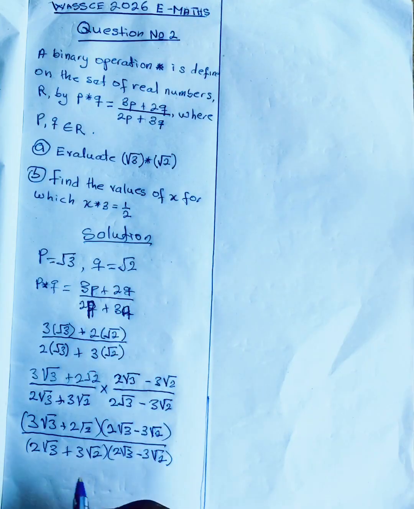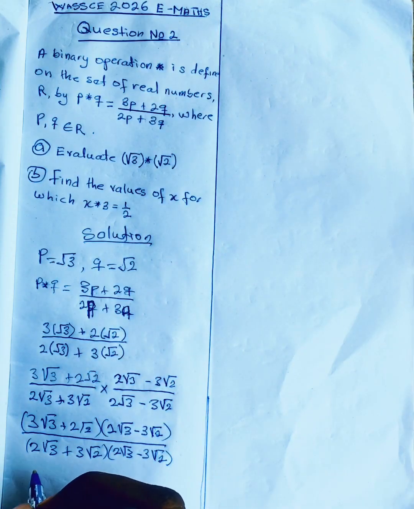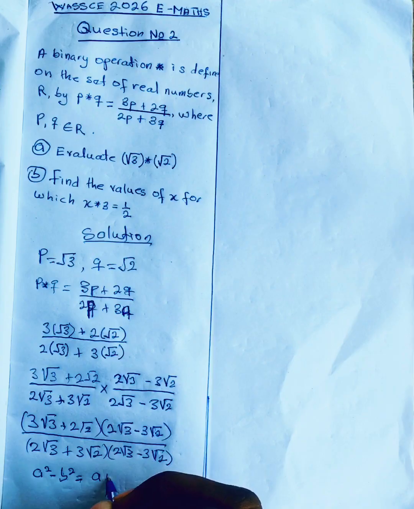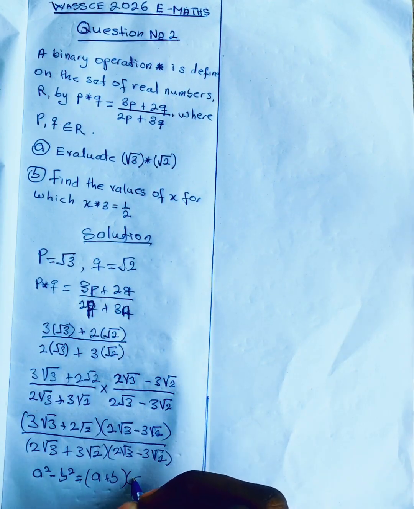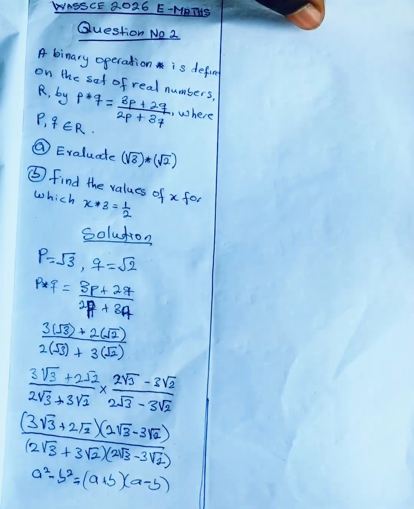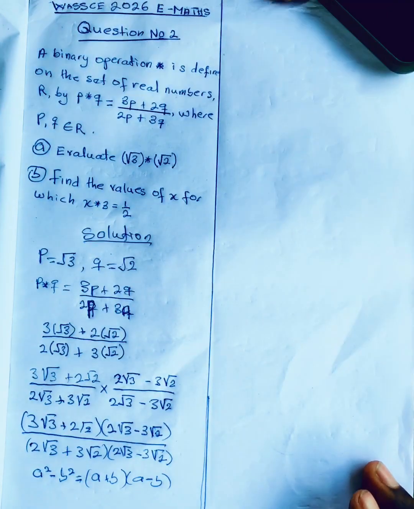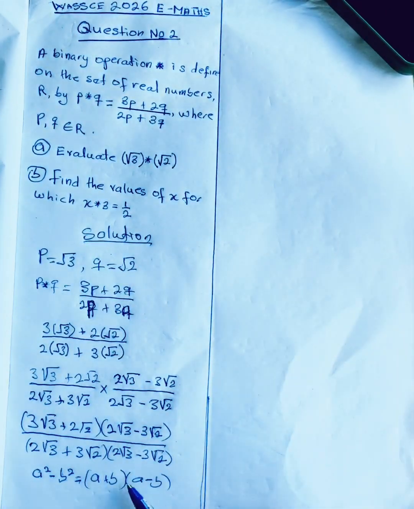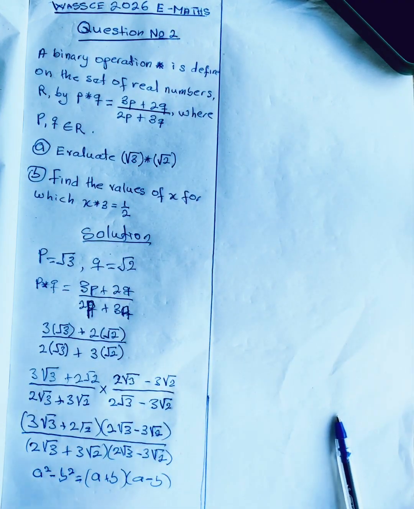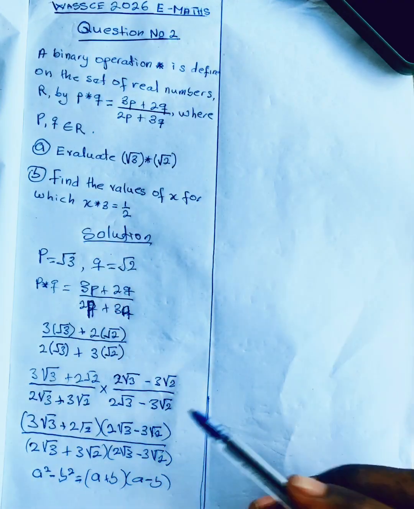Now, when you look at the denominator, you can see that this is a difference of two squares. When you have a squared minus b squared, this will give you a plus b, then a minus b. You can see that we have the same expression here, with the negative sign here and the positive sign there.